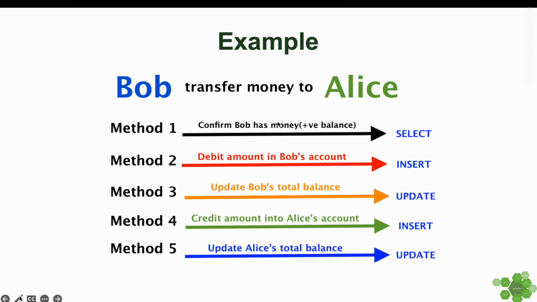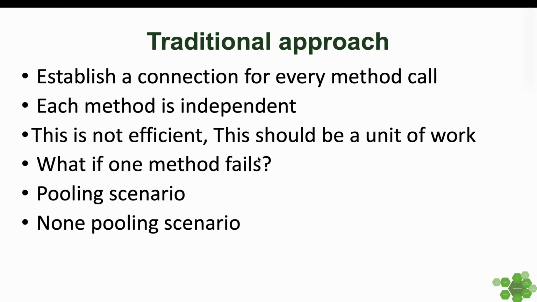Then do whatever you want to do. Close that connection. Make another request to the DBMS to establish a connection. And then do whatever you do until you are complete with your whole transfer of money from one account to another.